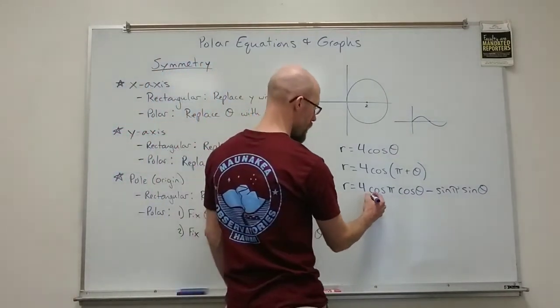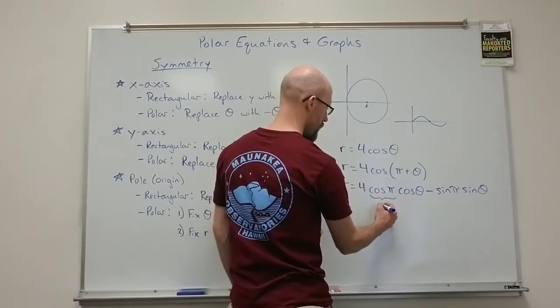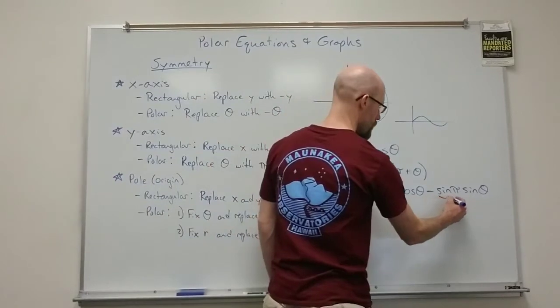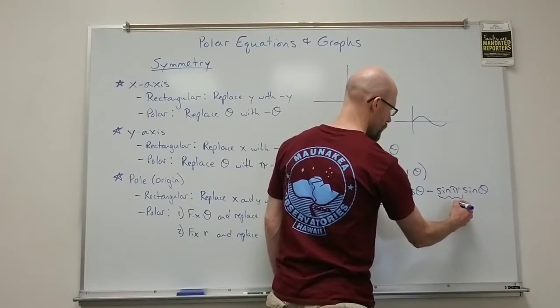Again, the cosine of pi is equal to -1, and the sine of pi is also 0 again.